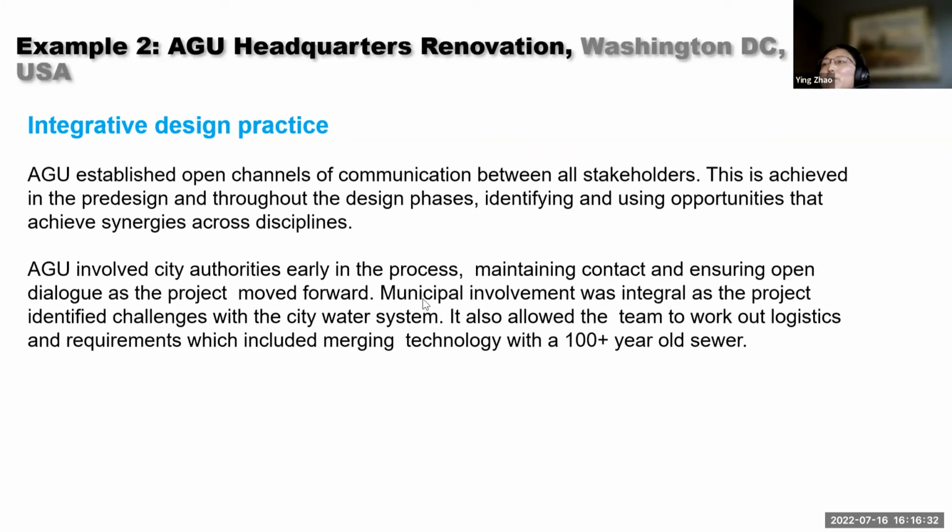I probably think it's because they want to take advantage of the city water system. It allowed the team to work out the logistics and requirements, merging technology to get energy savings from this water system.